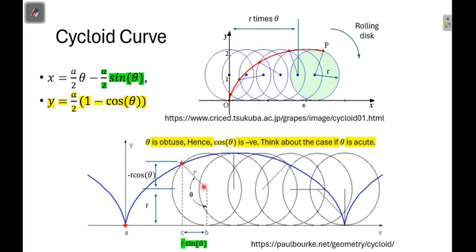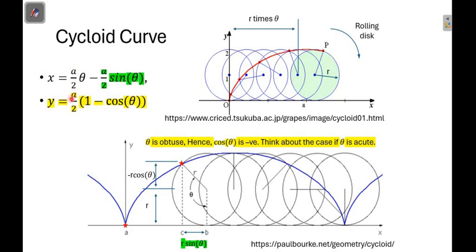This distance from trigonometry is equal to r sine theta. That is why x is equal to a over 2 theta minus a over 2 sine theta. A over 2 is the radius, so the radius multiplied by theta gives us the distance from A to B. However, we need to subtract this distance, which is equal to r sine theta. So this is the x.